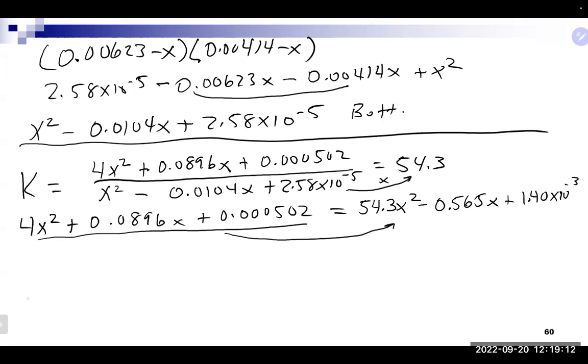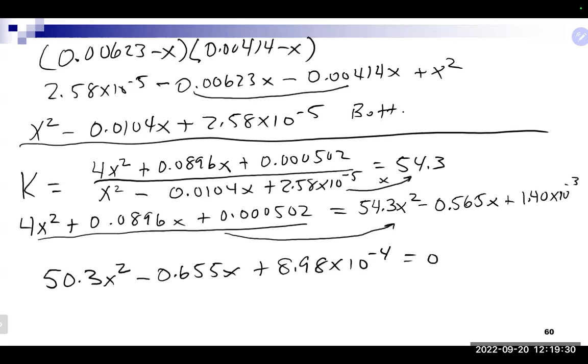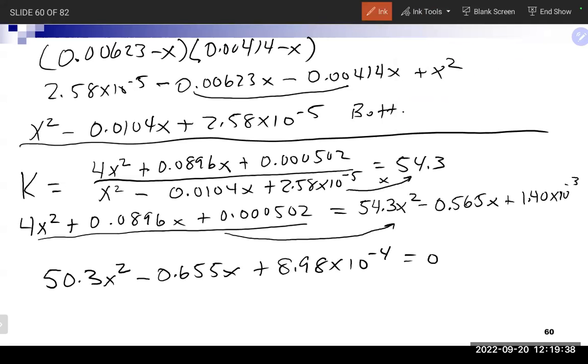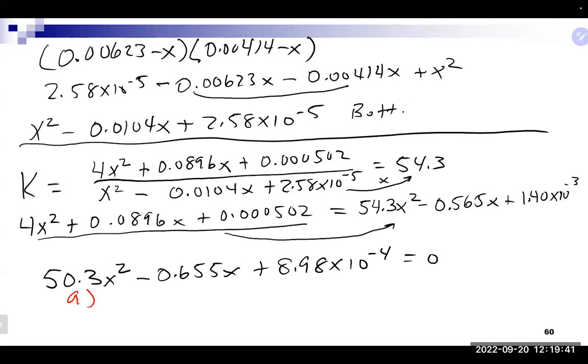When I do that, it gives us our cleaned up equation here of 50.3x squared minus 0.655x plus 8.98 times 10 to the minus 4 is equal to 0, give or take a little with some rounding, depending on where you rounded. At that point, that is our quadratic, which gives us our A, B, and C values here. Any questions on that there?